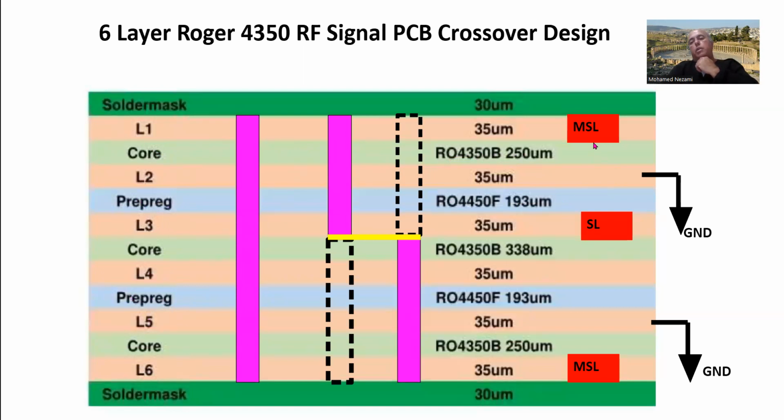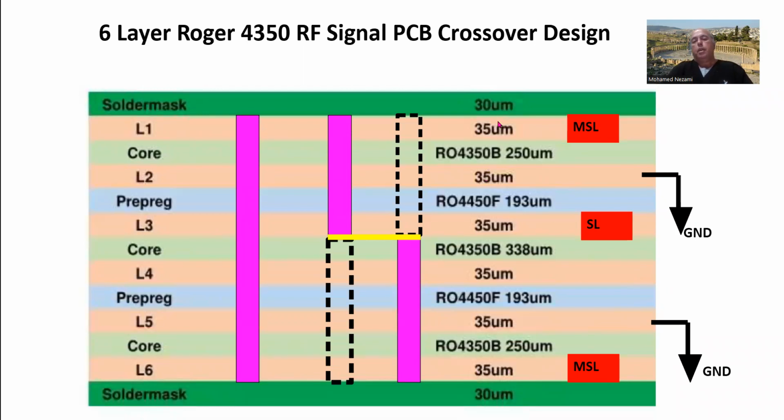So I'm going to say, okay, I want to implement microstrip line on top here. So this layer here, L2, will have to be grounded. Same thing on the bottom. I want to design microstrip lines on the bottom, so the one right on top of that has to be ground. And then somewhere in the middle, you can choose to locate your stripline, and in this case, I chose this one.